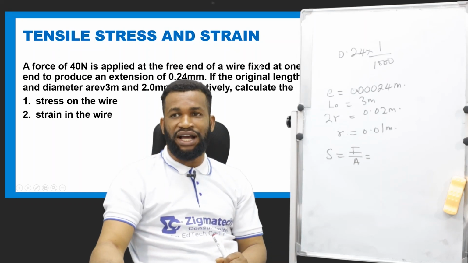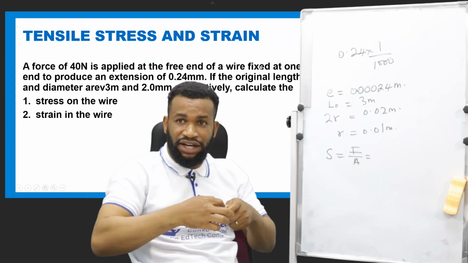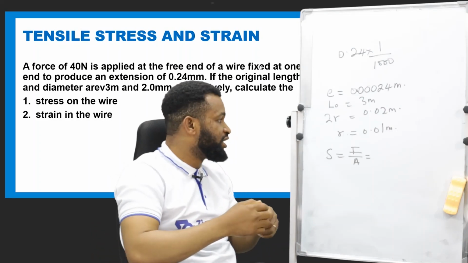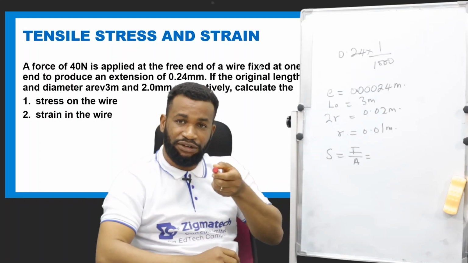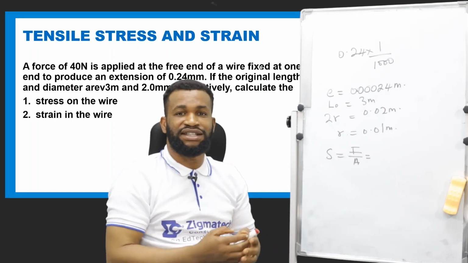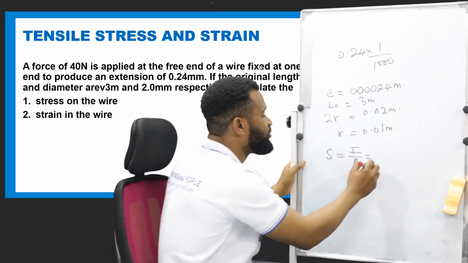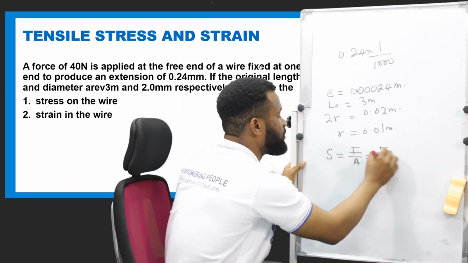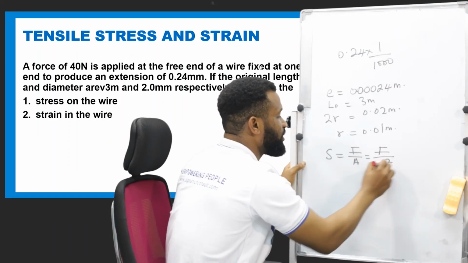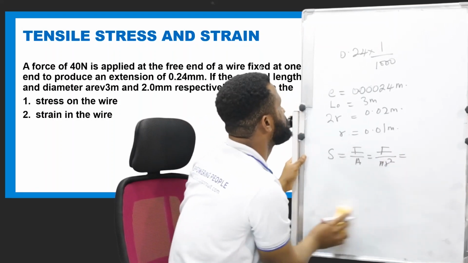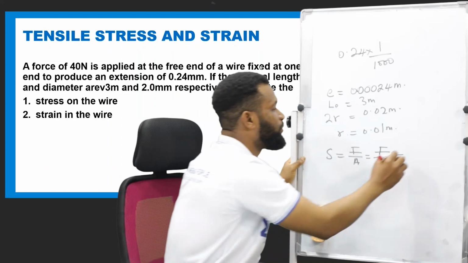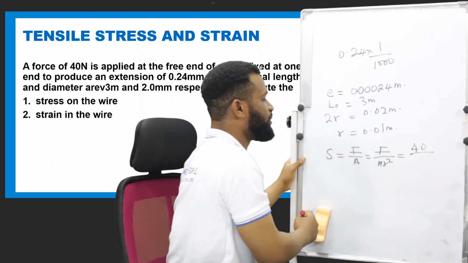We are going to look at the wire as a circular cross-sectional area, like the circular part of this marker. So the area is going to be the area of a circle, pi r square. So the stress is force all over pi r square.